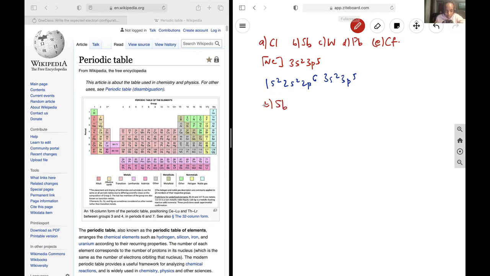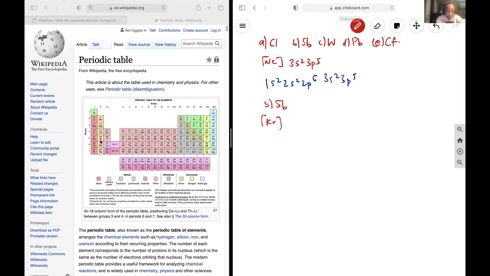Sb, let's find it first. It's right here. Okay, so the nearest noble gas is going to be krypton, right here. You can't go to the one after it, you have to go to the one before it, and that's going to be krypton. We just put the krypton in square brackets, and then you begin counting again. So Sb is here, in the 5th period.